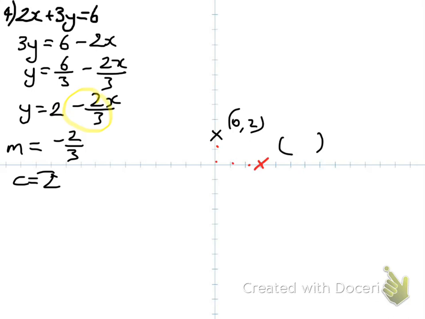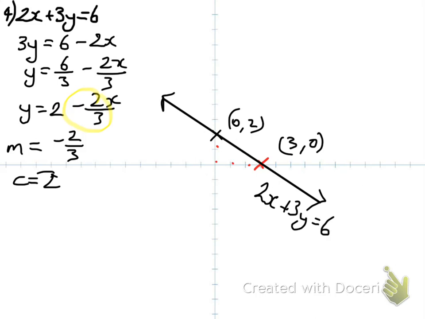On this occasion, it's going to be 3 and 0. Get my ruler and again try and draw a nice straight line, like so, similar to before. Arrows on the ends. And label the equation with the original 2x plus 3y equals 6.